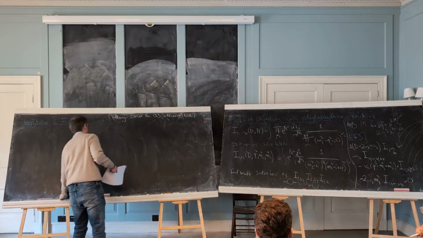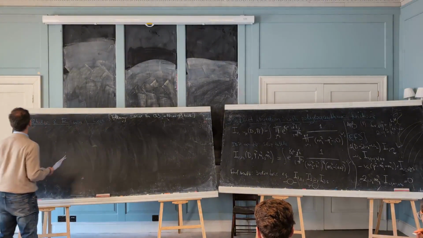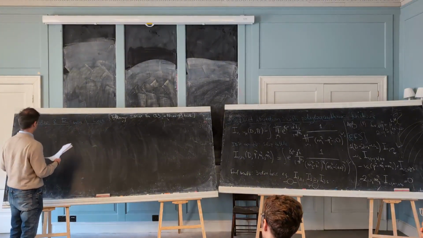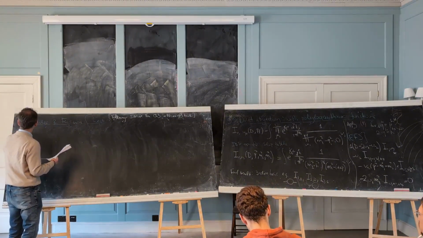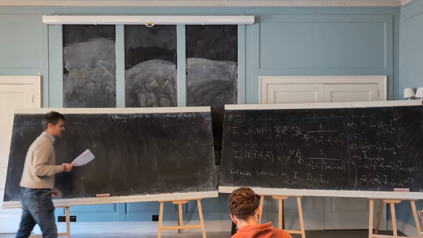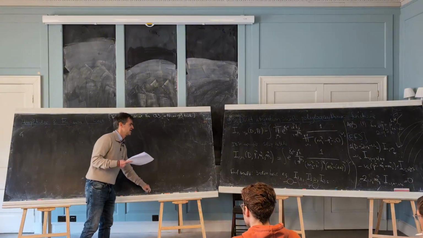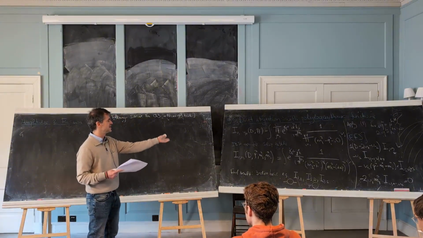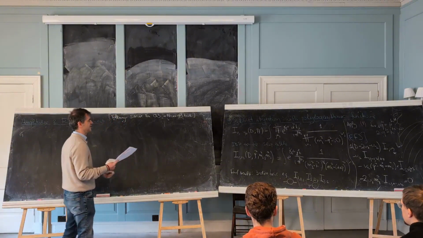Okay, so we started with a sum of Feynman diagrams that were tensor. We made them scalar. We then find a basis, removing all the redundancy.